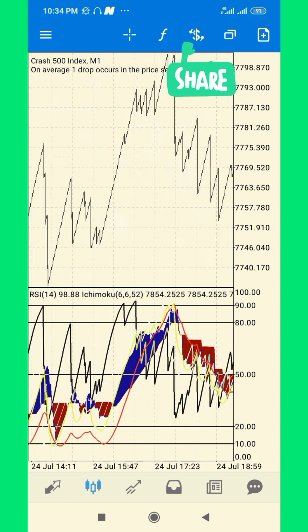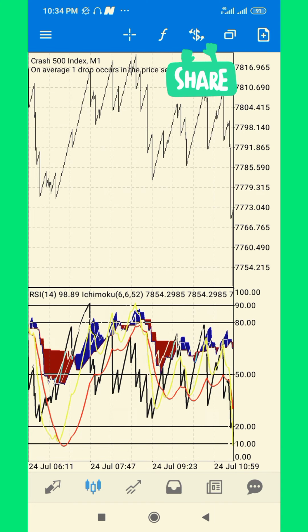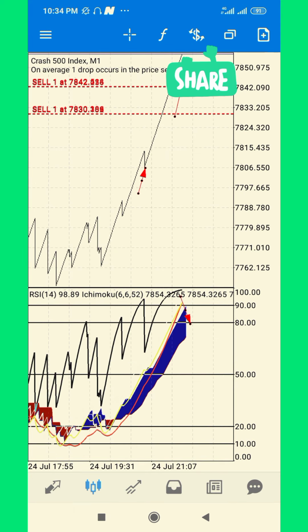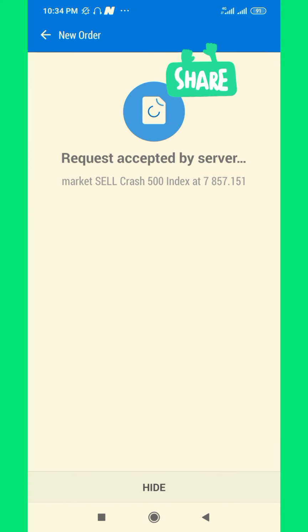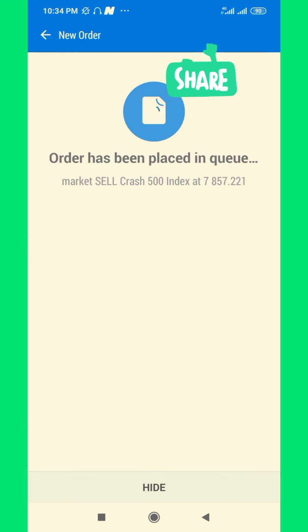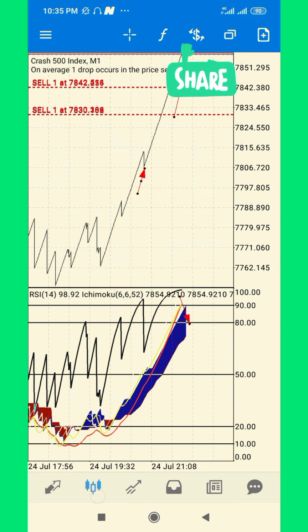Now, another thing that will help you to trade this market effectively is your price action and knowing your trend analysis. Disobedience of your trend analysis will give you what is happening right now in this market. I will still place more markets because I know that definitely it is going to spike.